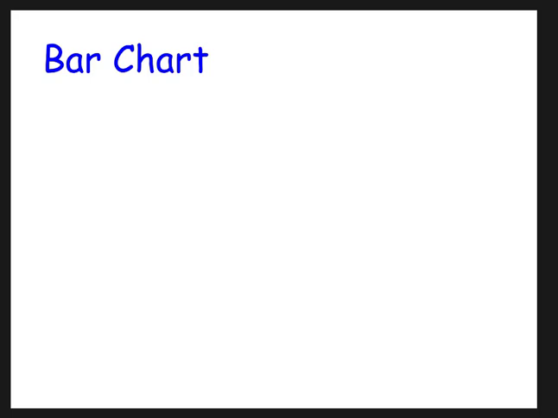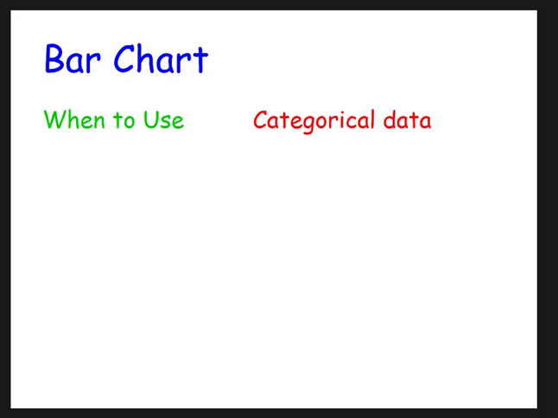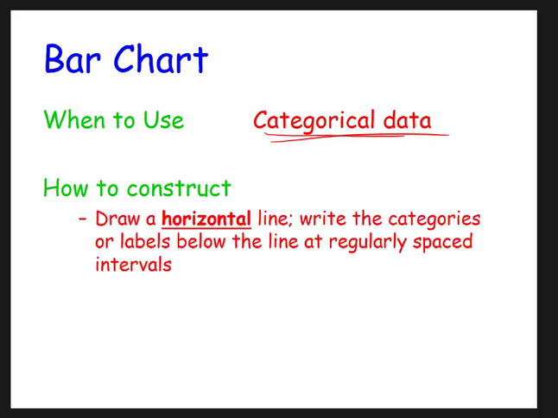Bar chart. So some of the basic graphs. Most of you have seen bar charts before. It is used with categorical data. When it's numerical data, there's a different name for it. How do we construct it? Well, you draw a horizontal line to write the categories on, an axis, in other words. And then you do an axis up the side.